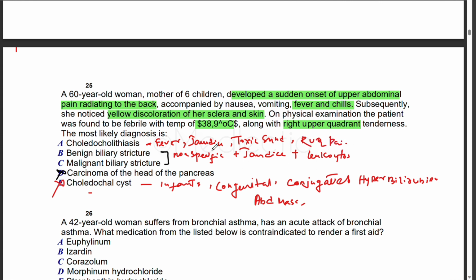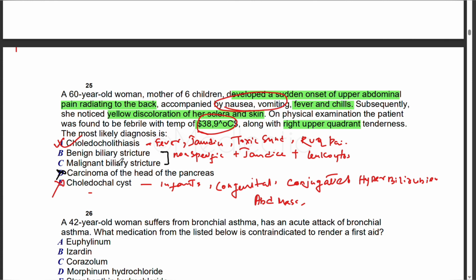So these two are the differential diagnosis. But you see, in biliary stricture we will not get any temperature increase, we will not get the toxic syndromes. In choledocholithiasis we will get the toxic syndrome like temperature, nausea, vomiting. So we can differentiate between stricture and choledocholithiasis by this.